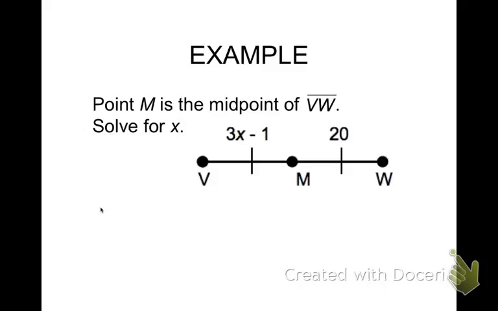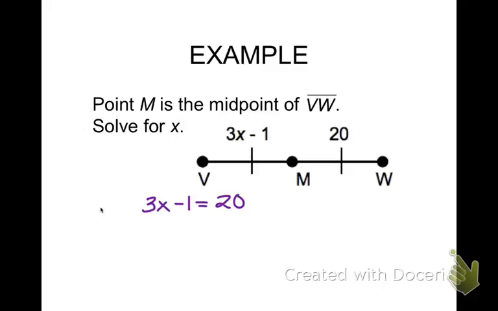So we're solving for x. Yes, both sides would be 20. You are correct. So if this is 20, like Connor is saying, because M is a midpoint, then that means this is also 20. So what's my equation going to be? Yeah, perfect. So 3x minus 1 equals 20.